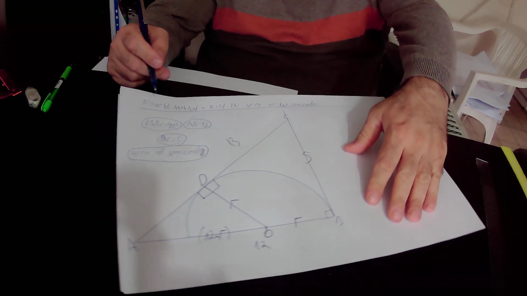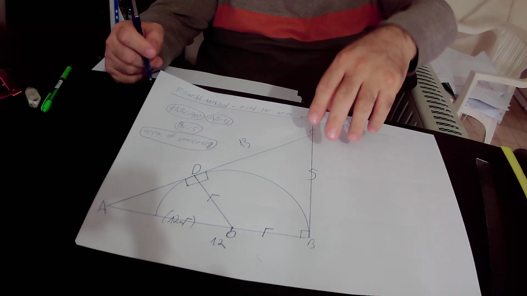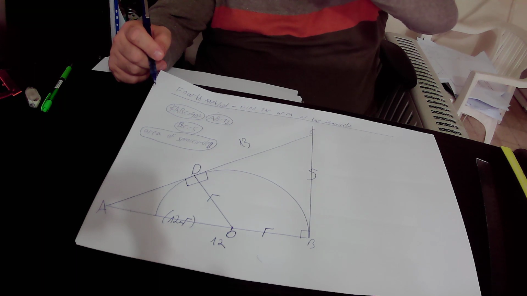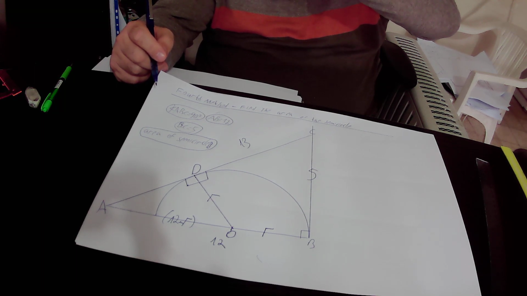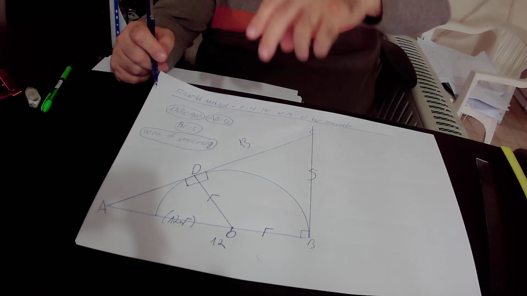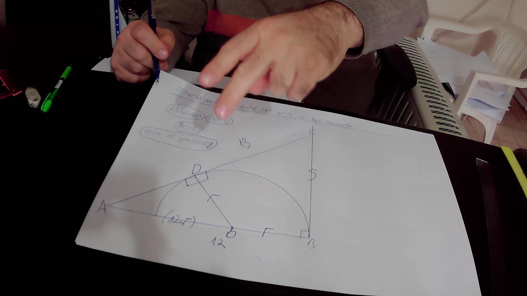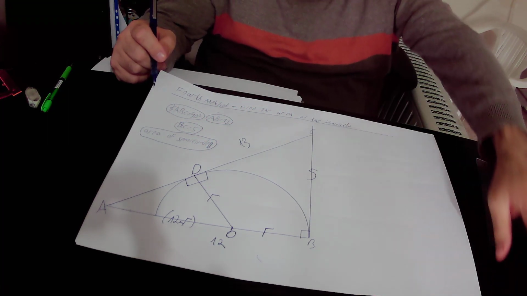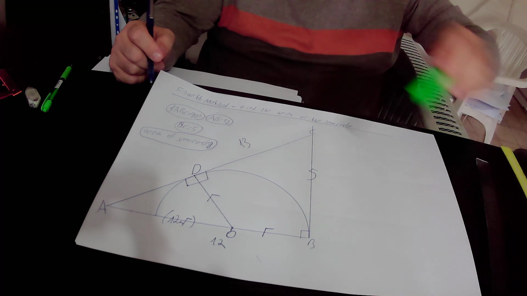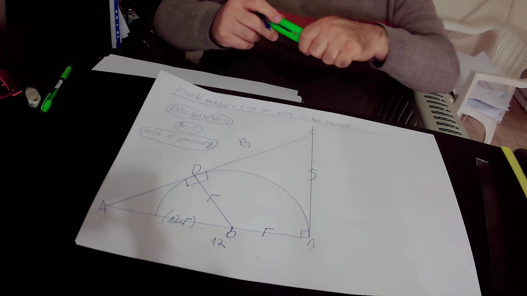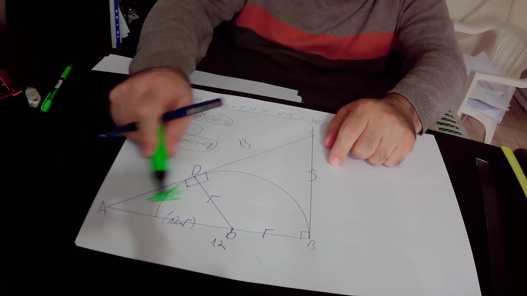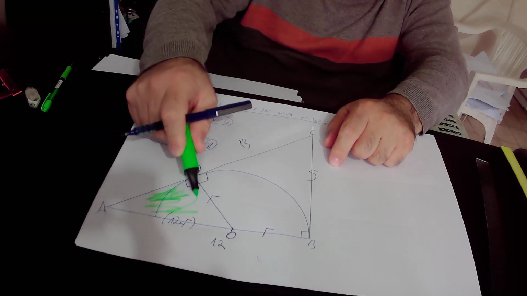In the next step, we'll focus on the big right triangle, triangle ABC, and on the small right green triangle, triangle ADO.